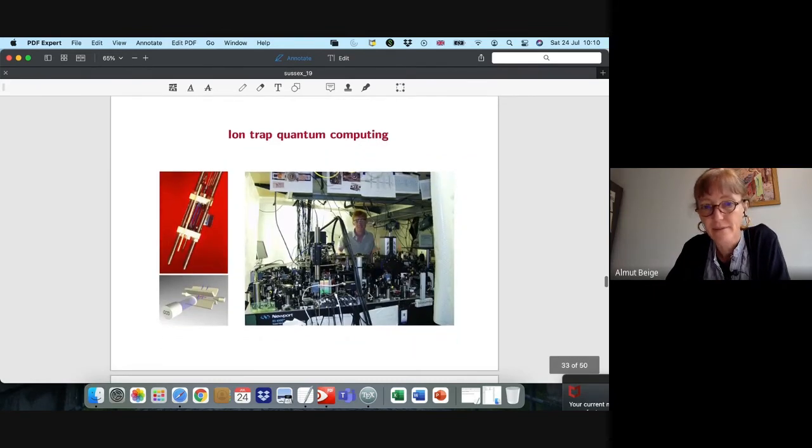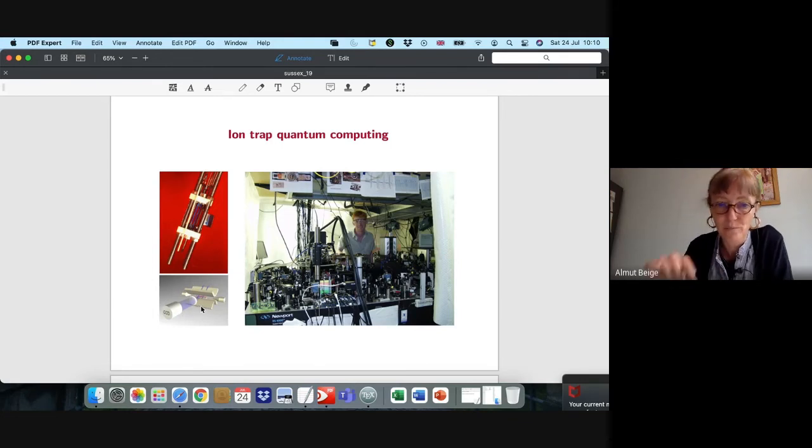Other people have companies, or they're trying to implement quantum computers with the kind of ion traps that I was talking about before. So they shine laser light on single ions, do measurements, and control their states. Again, initially ion trap experiments looked like this in the 1990s or early 2000s. Now people have miniaturized.